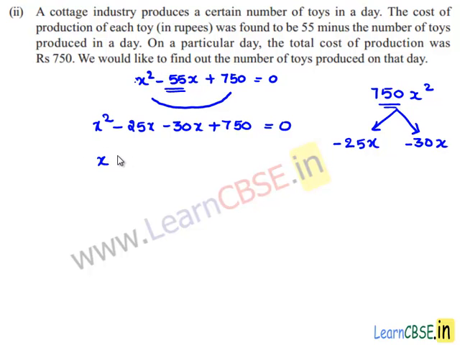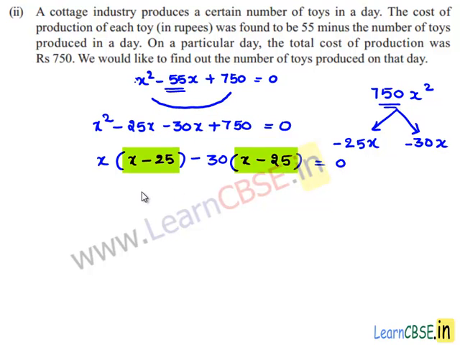x can be taken as common from the first and second terms. We get x minus 25, and here minus 30 can be taken as common. So this becomes x minus 25 is equal to 0. x minus 25 can be taken common and the remaining terms will be x minus 30. This is equal to 0.